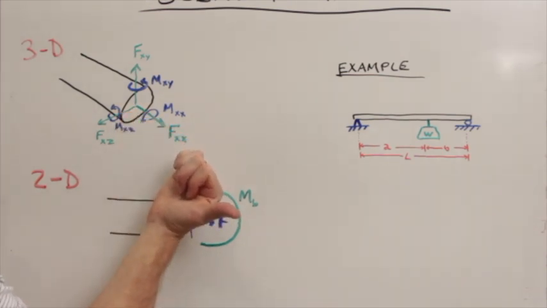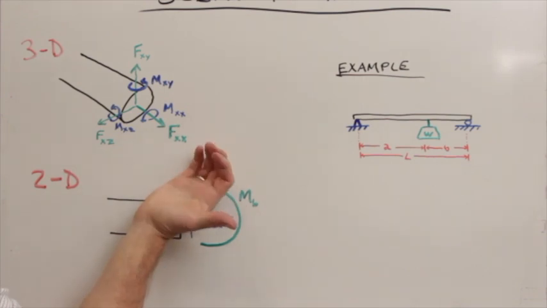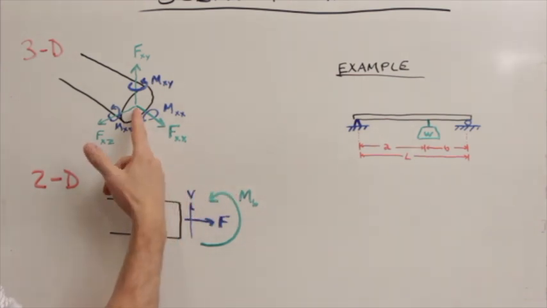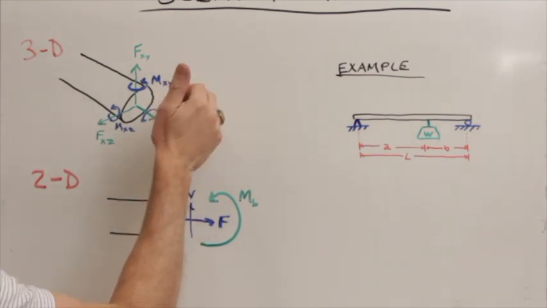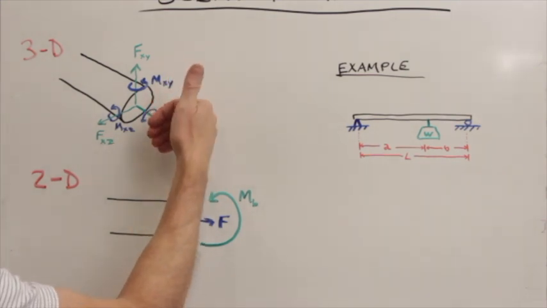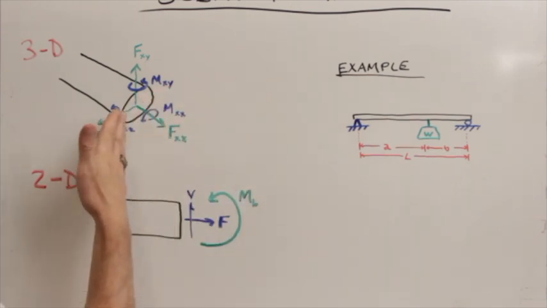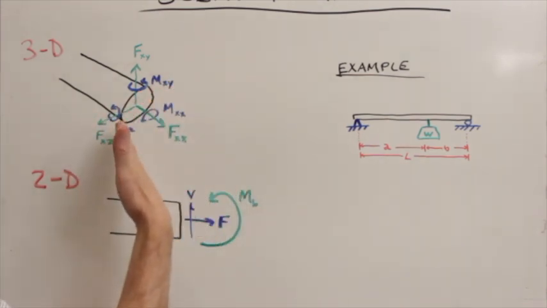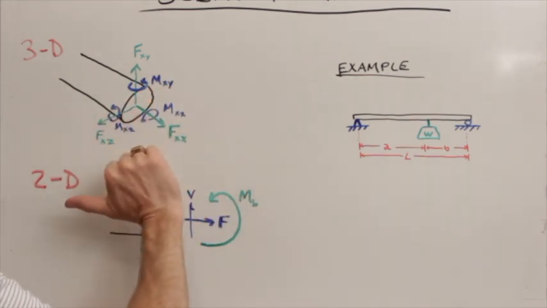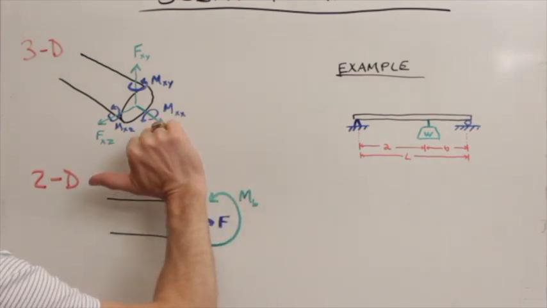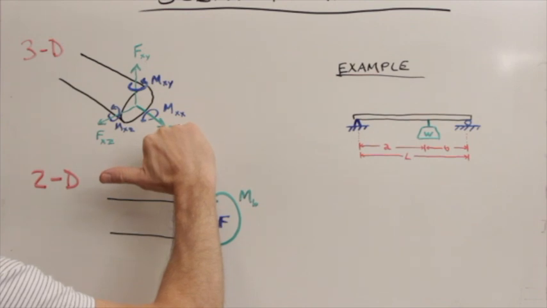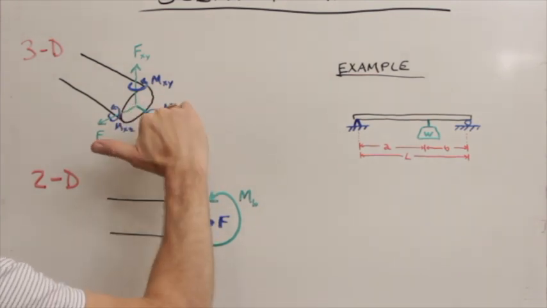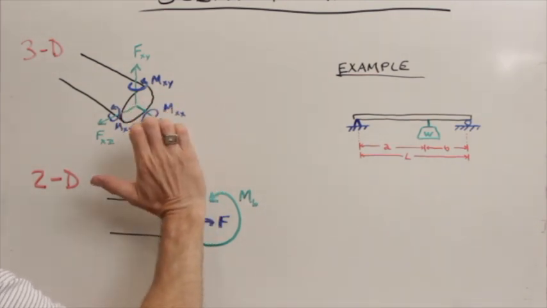So if I stick my thumb in the X direction, Mxx will be this way. If on the X face I stick my thumb in the Y direction, Mxy would be in that orientation, tending to swivel this beam that way. And if I stick my thumb in the Z direction, the moment acts about this rotation for moment Mxz, X face, Z direction.